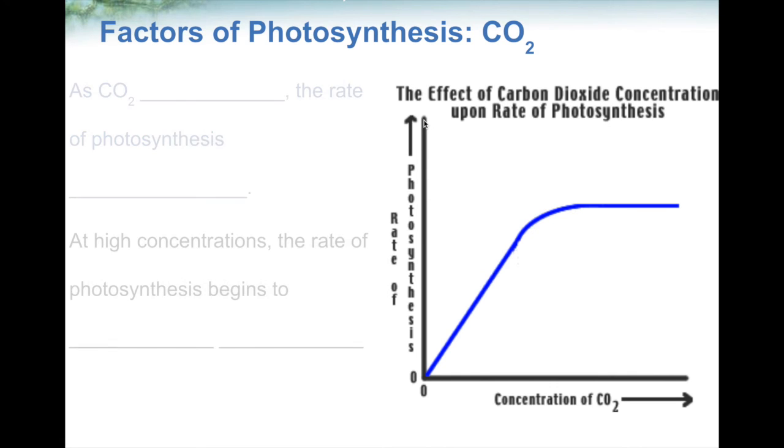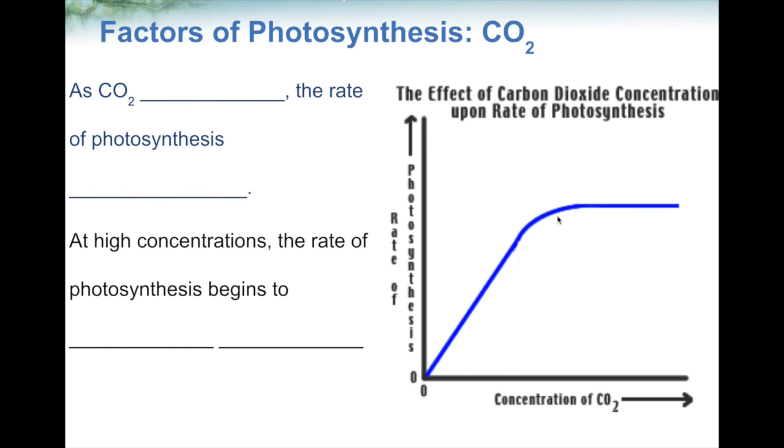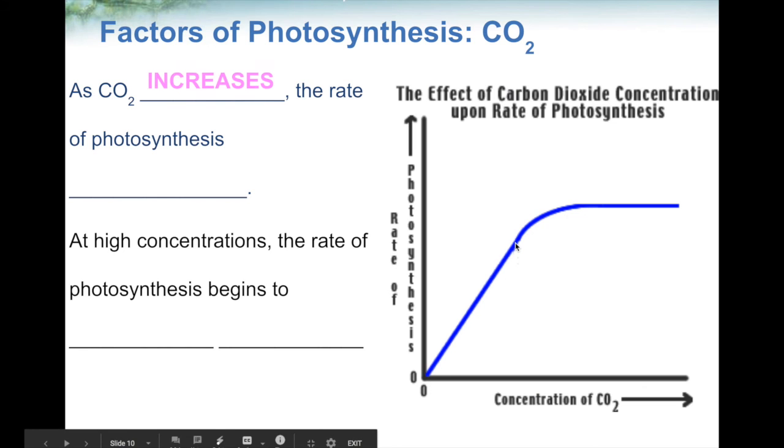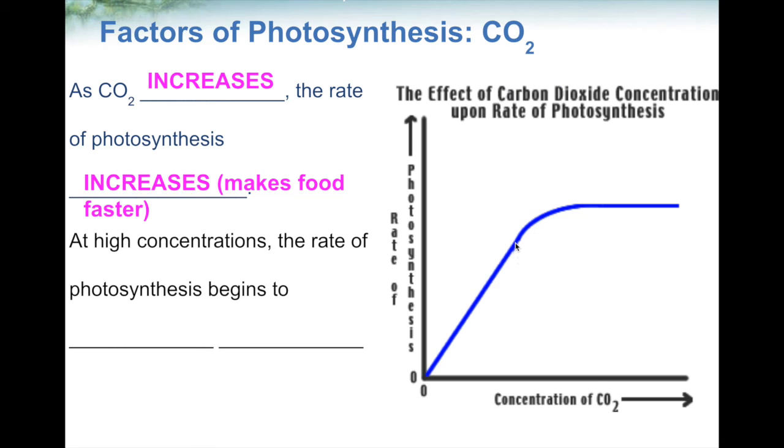It's making food faster. It's very similar to the last graph. The more carbon dioxide we give the plant, the rate of photosynthesis increases. That's why it's increasing here. So more carbon dioxide, the rate of photosynthesis increases. It makes food faster.